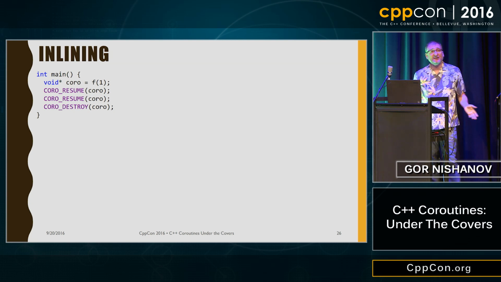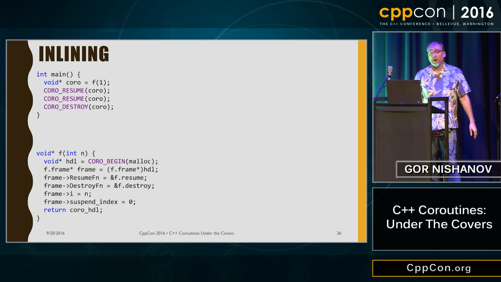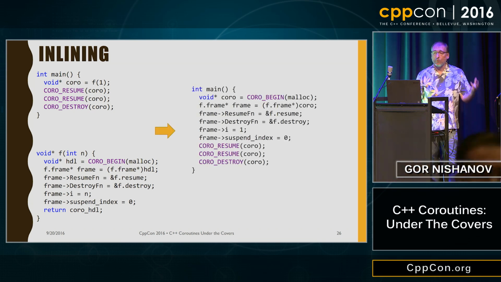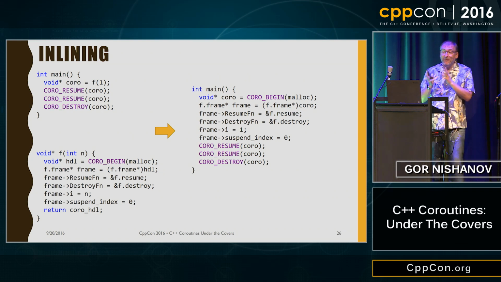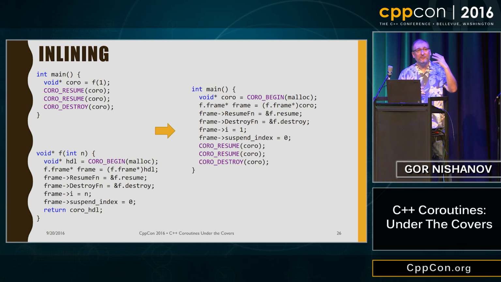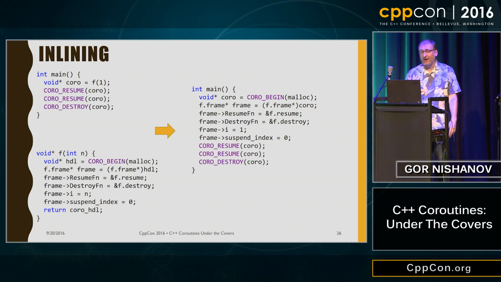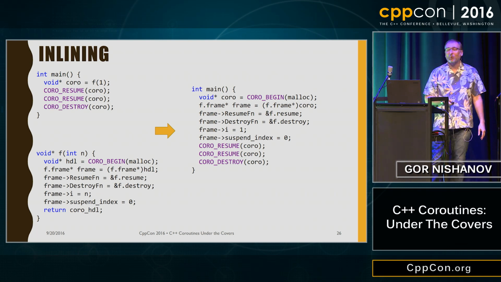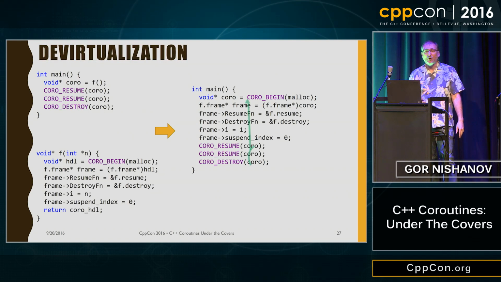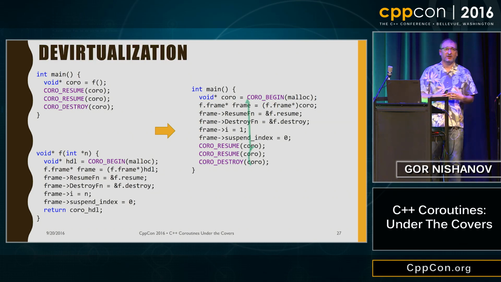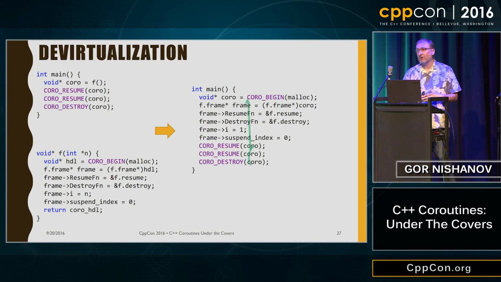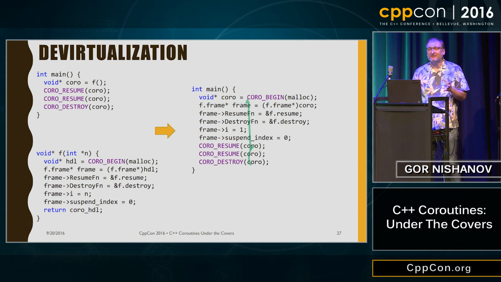We resume it twice, and then we destroy it. This is what F is. And when we combine, we see a very wonderful thing, because now we can observe the beginning of the coroutine, marked with coro_begin, and we will see the points where the coroutine is resumed. So the compiler is doing devirtualization here. And for, say, LLVM, devirtualization doesn't really mean to devirtualize a virtual function.